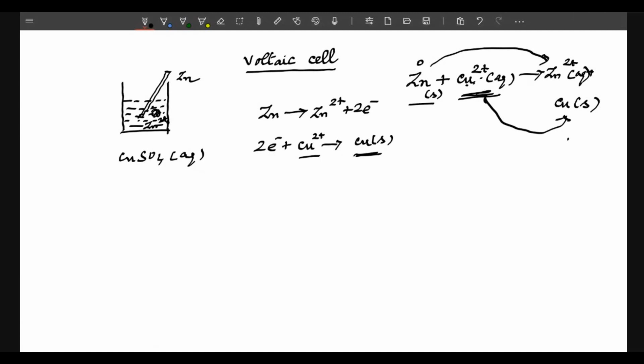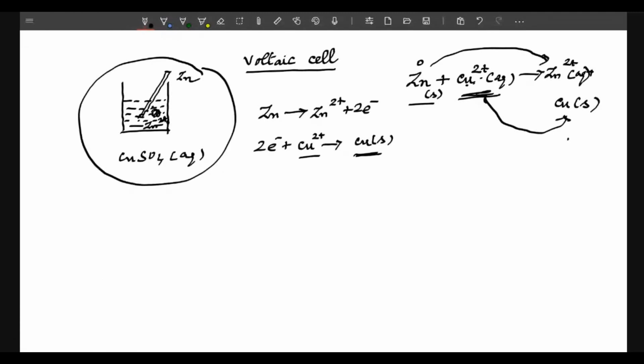We want to see the flow of electrons from zinc to copper 2+ solution. How to design the apparatus so that the electron flows from zinc to copper 2+? The diagram I have drawn is not applicable.